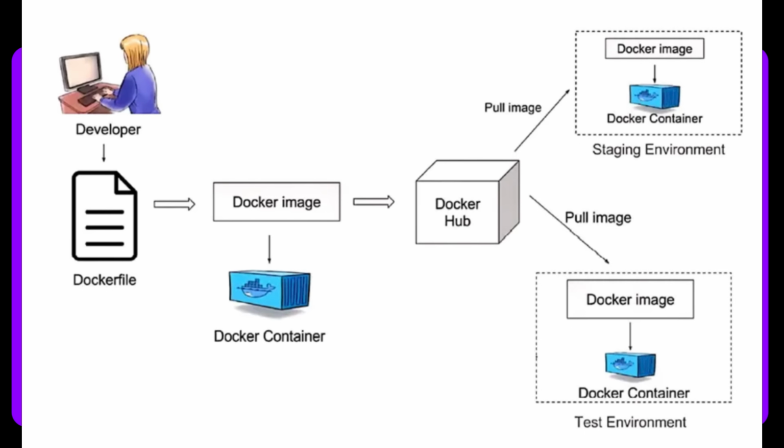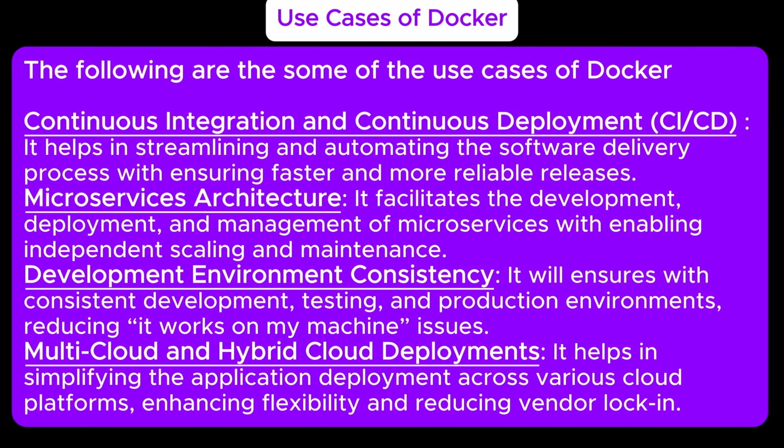Here you just configure a file with some settings and instructions, and it will automatically build an image, and the image will be run as a container on the set environment, whether it is QA testing, development, or production.